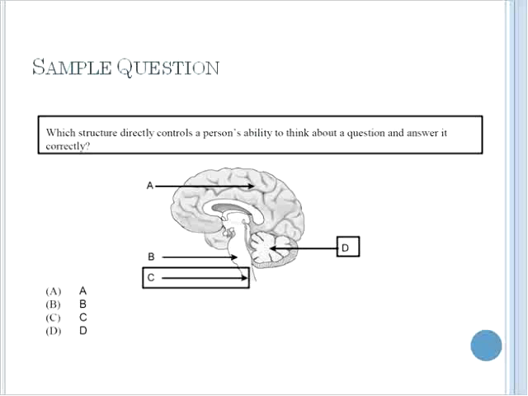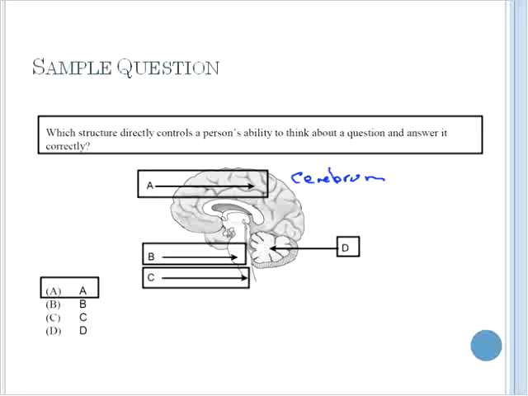C, the pons. B, and A. A is pointing to the cerebrum. And it is the cerebrum which controls your ability to think and process information. Thank you very much. I hope you learned something from watching this video.